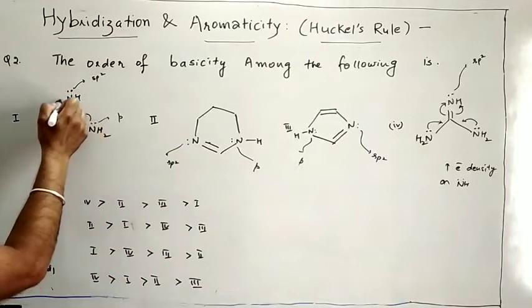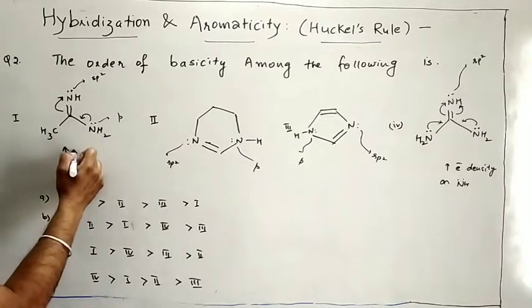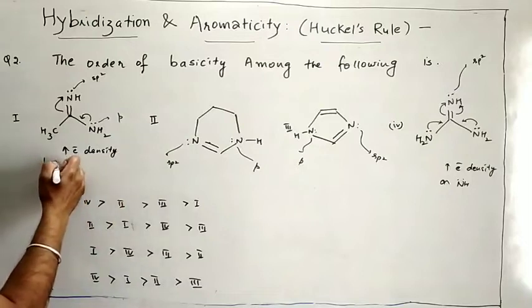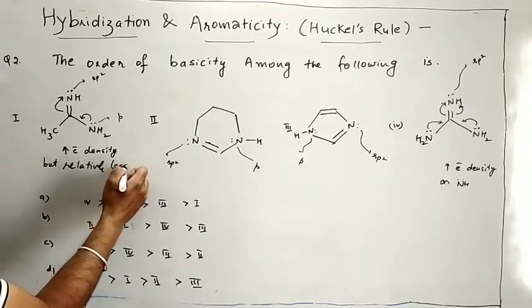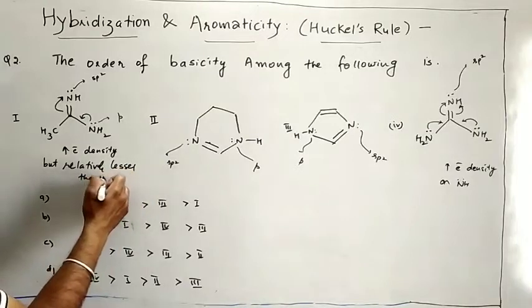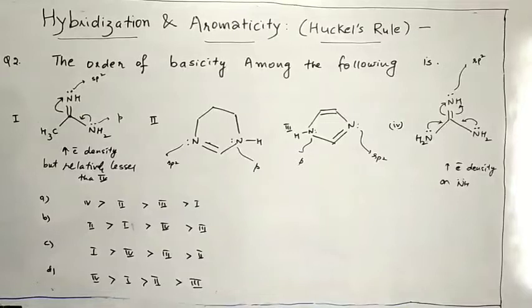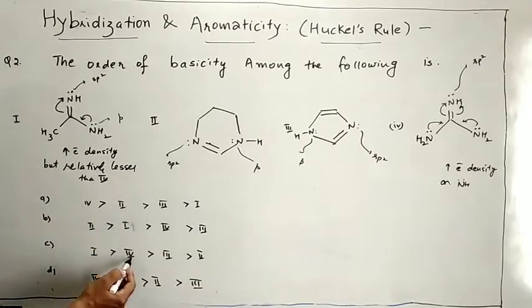It also increases electron density, but a lesser amount, relatively lesser than 4. It means your 4 is more basic than 1. 4 is more basic than 1 here, 4 is more basic here, and here also 4 is more basic.